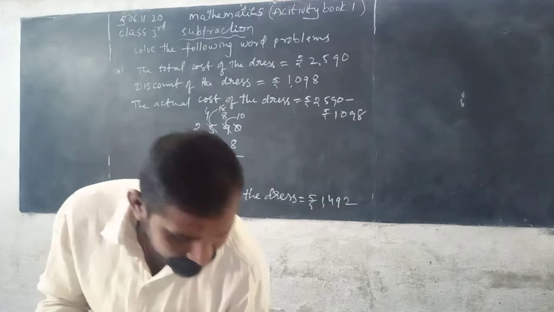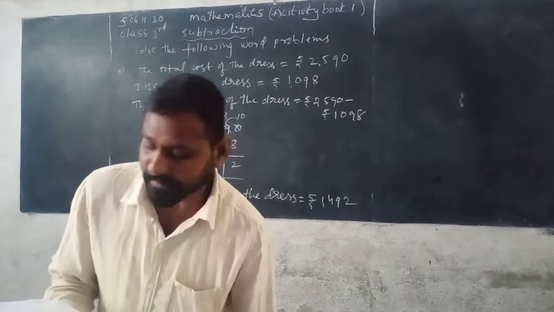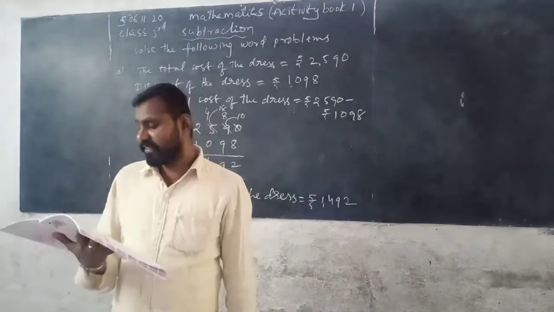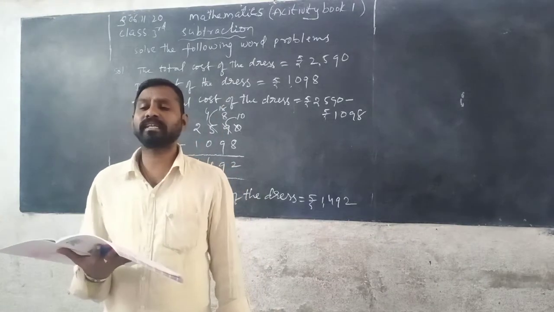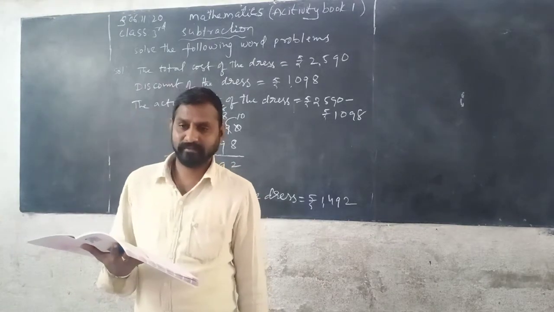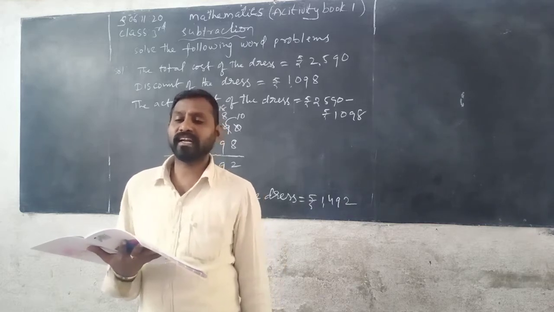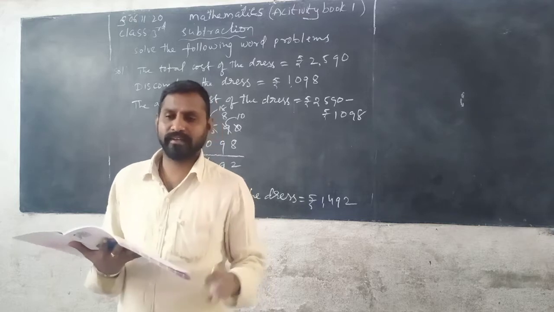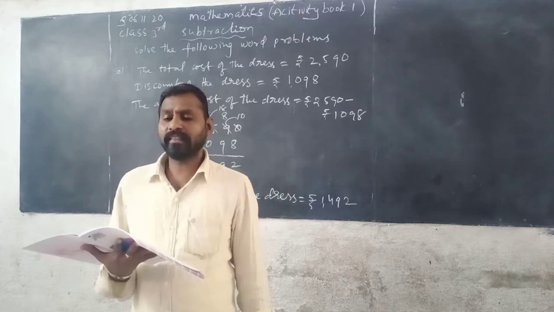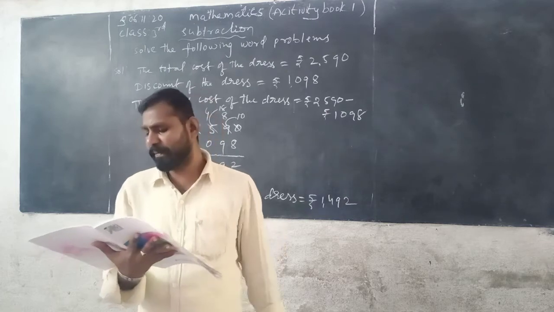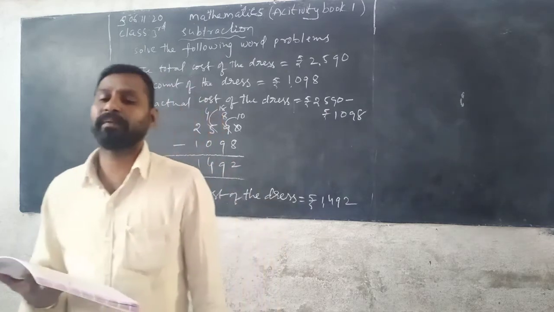See here, did you understand the problem? Once again, Leena saved 1650 rupees in the month of January. From 1650 rupees, she spent 1080 rupees.